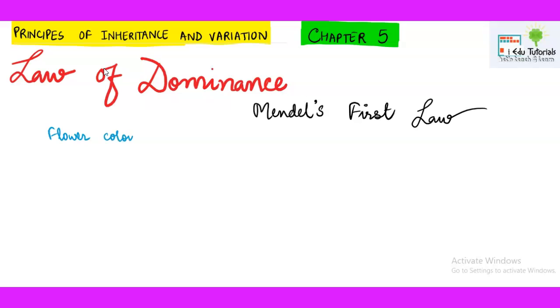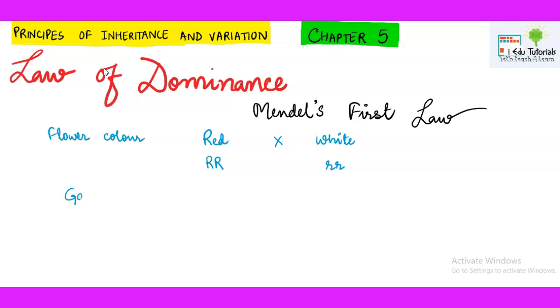If you remember, red was the dominant trait and white was the recessive one, right? Red is dominant, so I am taking the dominant allele for red and the recessive allele for white, as per the rule already discussed in the previous video.